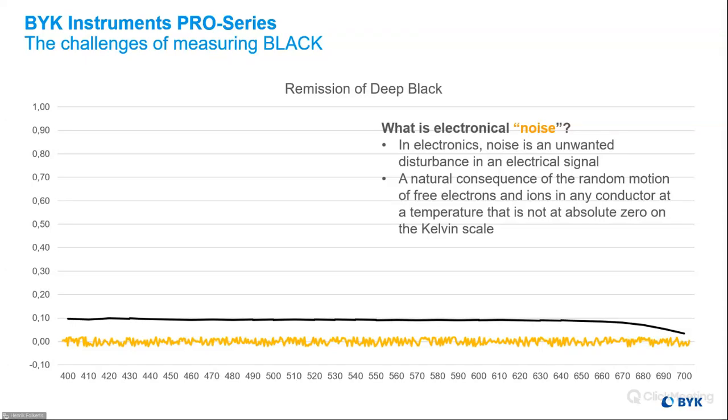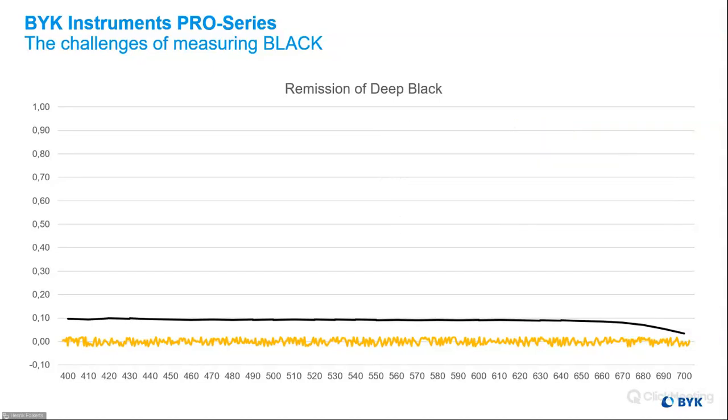And you see the signal to noise ratio in this relation is a problem for the signal because they are close to each other. And here you have to optimize your instruments to get a better signal.